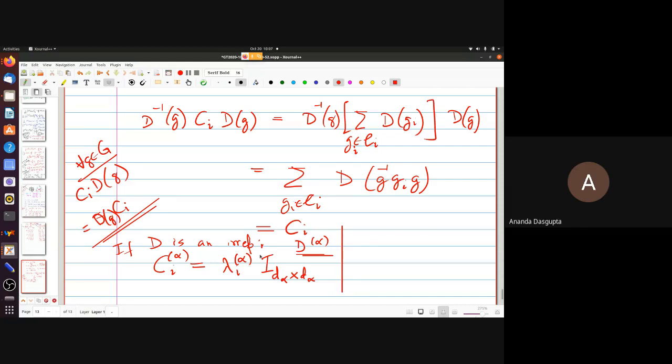These lambdas, can you tell me how they are related to the characters? Remember, the character, of course, depends on the class. So I can just use the I index. I means for every element belonging to the class Ci. Can you tell me how these lambdas are related to the characters?